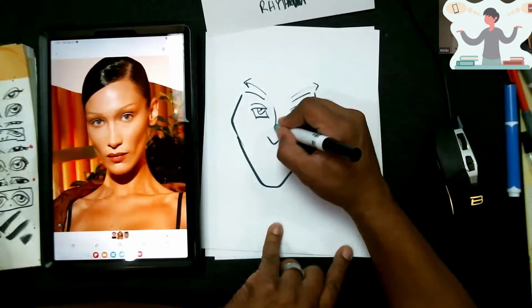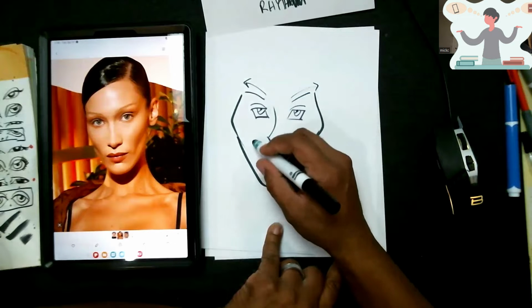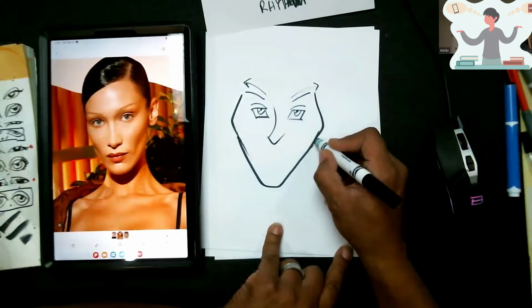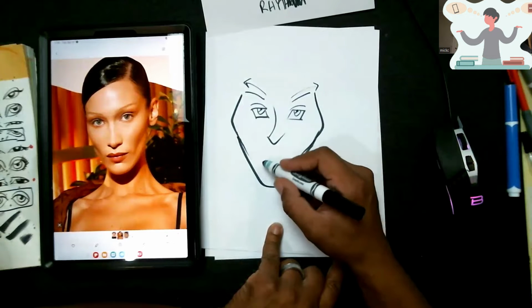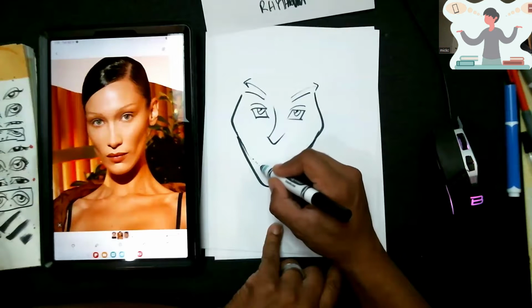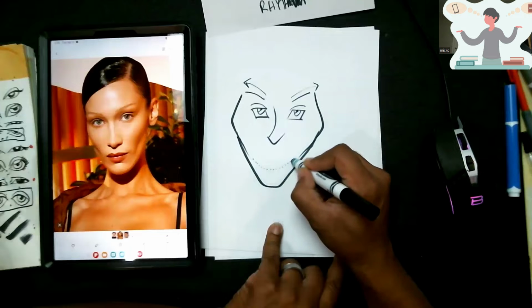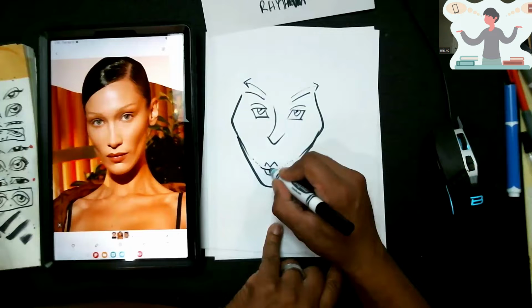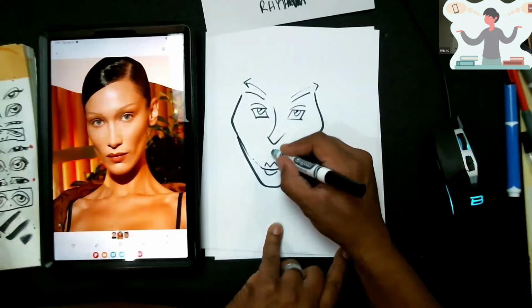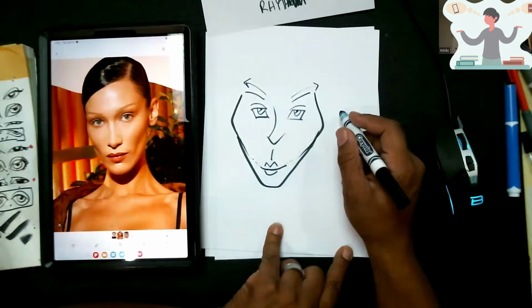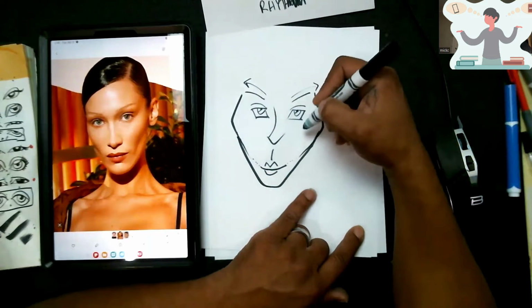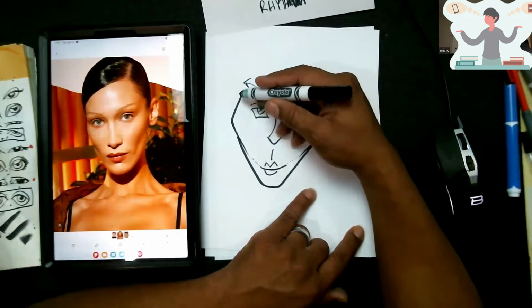And see how her cheekbones almost come inside of the face like this. From here around, generally that's where you're going to see the mouth shape come to. You get what I mean? So that's a rhythm that the face is following.